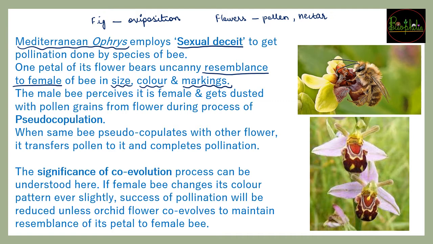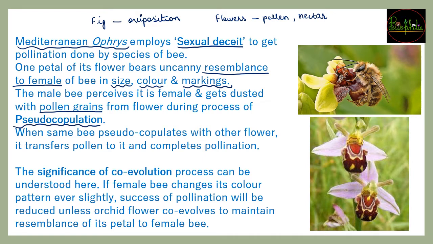The male bee will feel that a female is sitting there, and it will try to go near that female, and during that process the pollen grains are going to stick onto the male bee or the male bumblebee, and at that time pollination will happen. The process by which the male is attracted towards that resembling female is called pseudo copulation.